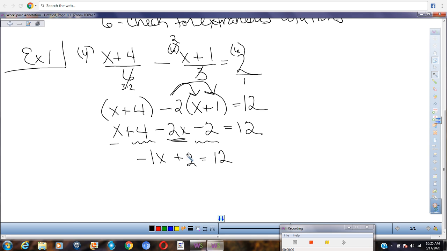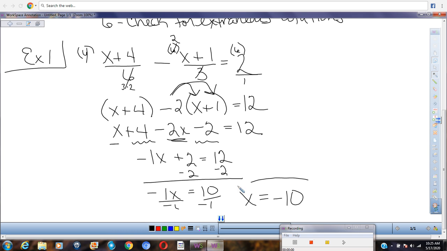Moving our constant to the right, we're going to subtract 2 from both sides. So we have negative 1x equals 10. Dividing by that negative 1, we get x equals negative 10. And in this case, there were no restrictions, so this will be our final answer.